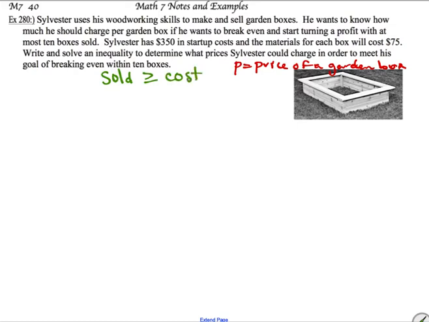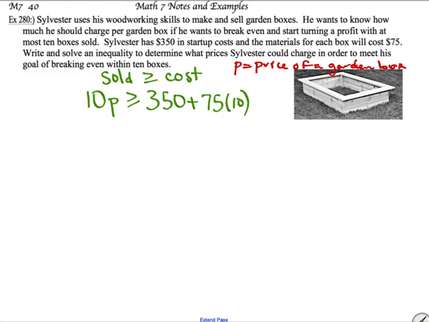Okay, as far as what he sells, he's going to try to sell 10 boxes. 10 boxes times the price of 1 box. That's what he sold. And that needs to be greater than his cost. Well, his cost include $350 plus $75 per box. We're going to make that be 10 boxes. And this is the setup.